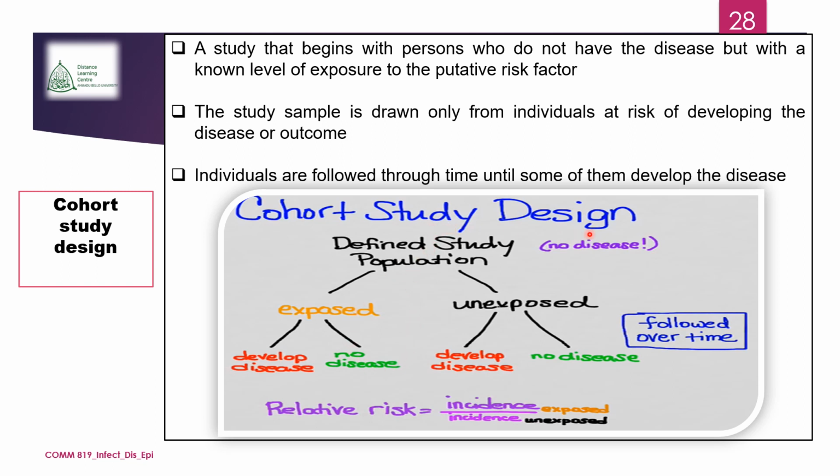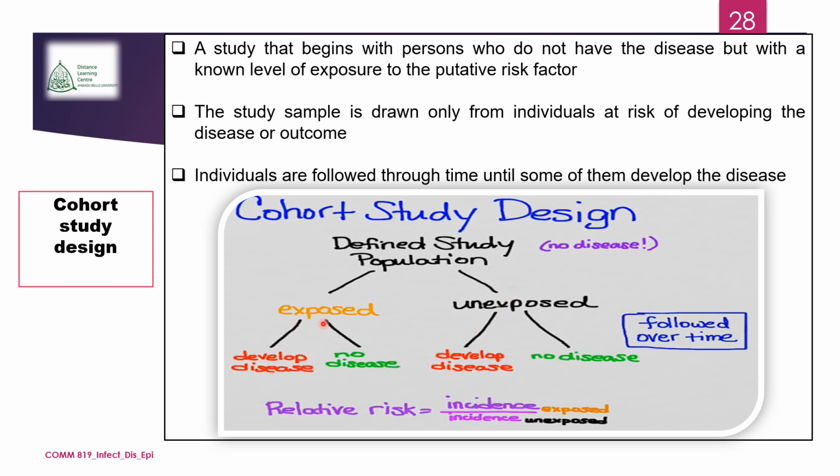So for cohort study, you define the study population. Your study population should be people with no disease at all from the beginning, but you divide them into those that are exposed to that factor or hazard and those that are unexposed.